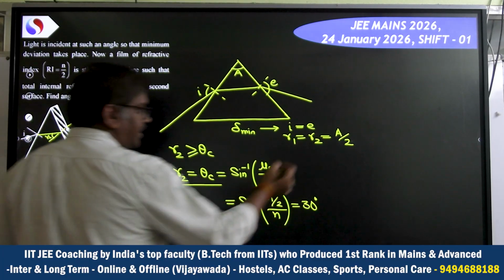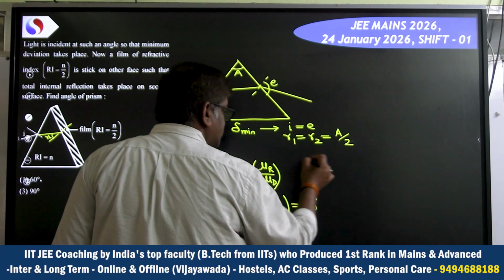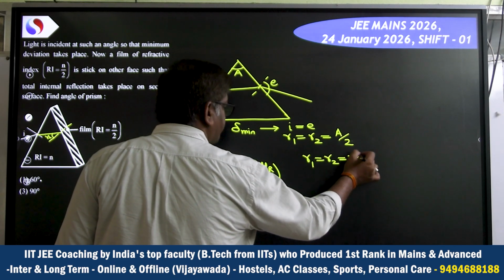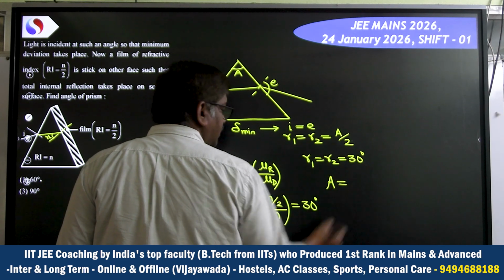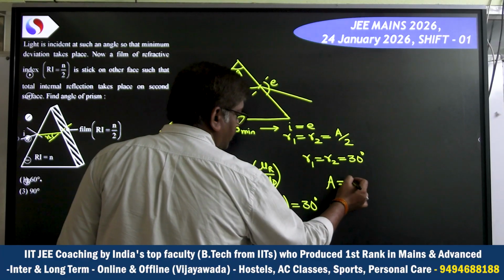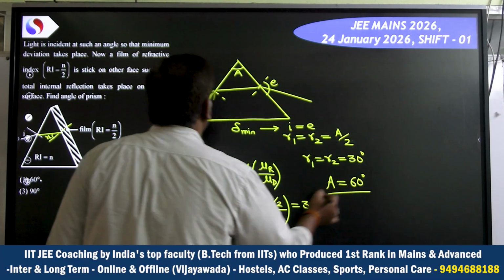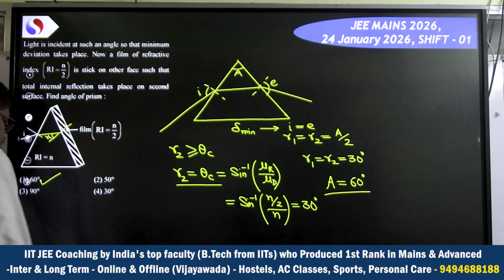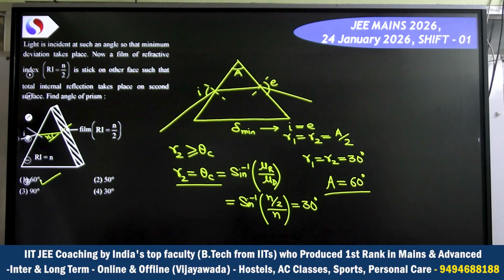So R2 is 30 degree as well, R1 is also 30 degree. And what is the angle of prism? A, that is 2R, which will be equal to 60 degree. So this question answer should be 60 degree. Yes, we are going with option 1.